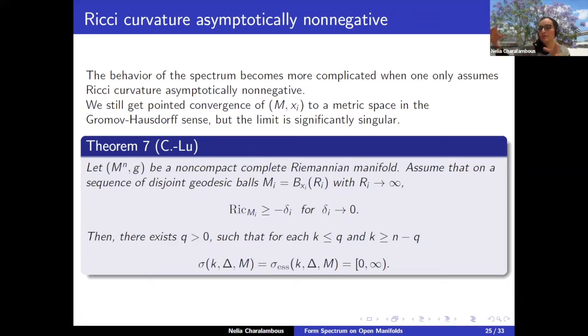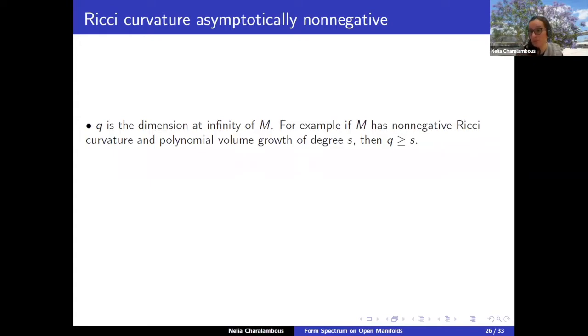So long as we have this nice sequence, at least on some end, where Ricci curvature is asymptotically non-negative, then we can find a positive number Q so that the spectrum and the essential spectrum of the Laplacian on K forms is maximal for all K smaller than this positive number Q. This positive number Q is what's known as the dimension at infinity of the manifold, or of this sequence of balls as we describe it.